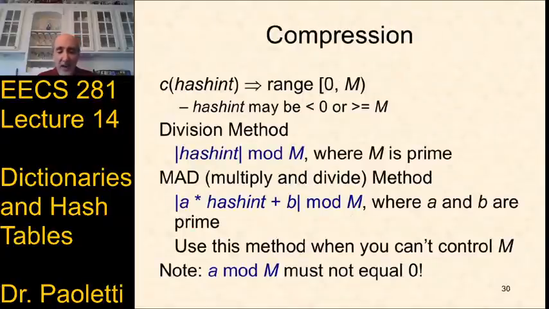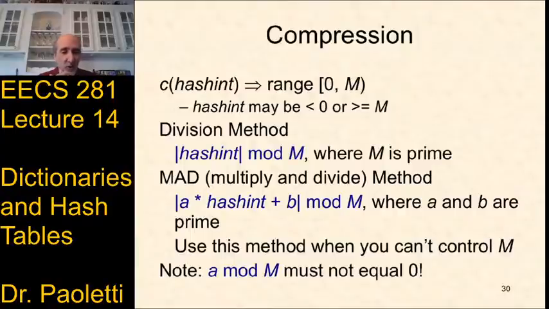Okay, so let's look at compression. Once we've got our hashed integer, one way to turn that into the range 0 to m would be to do modulo m, remainder upon division by m. And that works just fine. Now, if m is prime, this works great.